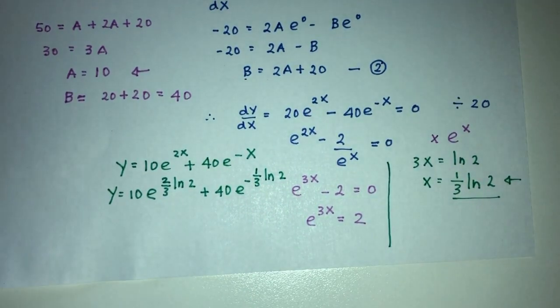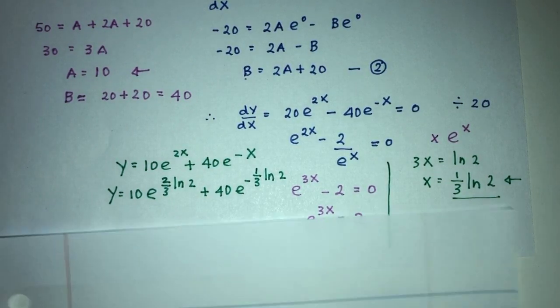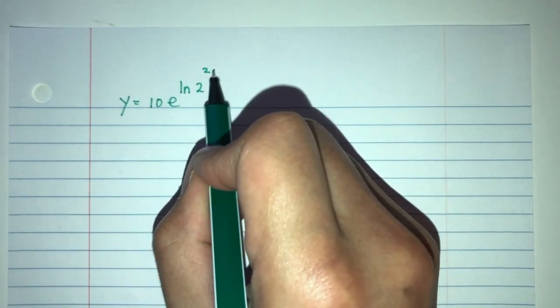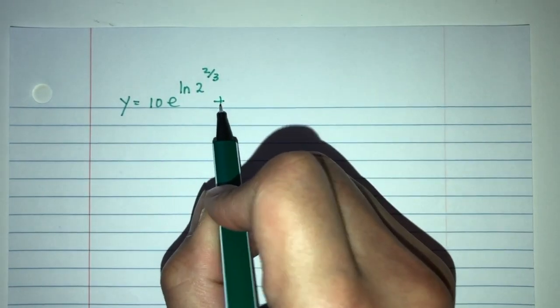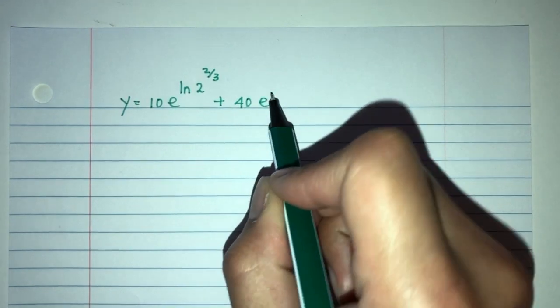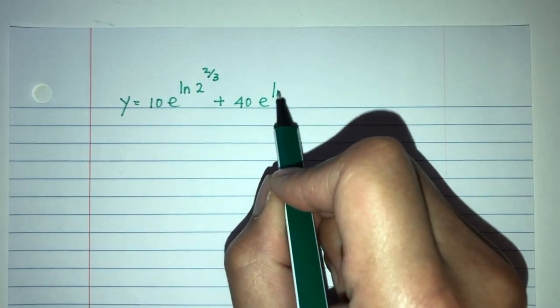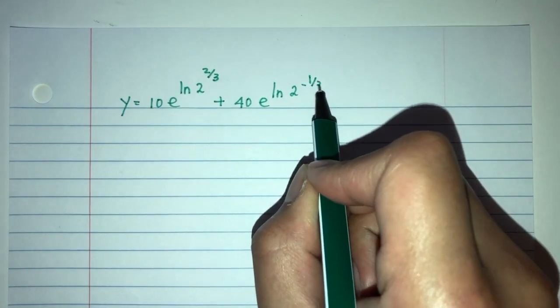Of course, you have to simplify this. Let me try to do this for you. We'll see what comes up. Usually, I think they may also accept decimal values, but let me simplify to see what we can do. So you have y equals 10 exponential of ln of 2 over 3, plus 40 exponential of ln of 2 times minus 1 over 3.